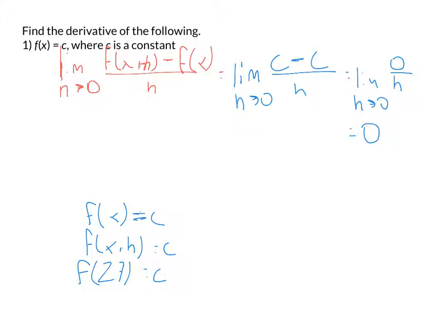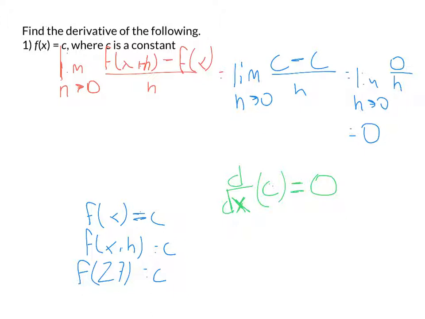So our first differentiation formula, the derivative with respect to x of some constant c is 0. And let's think about what that means.